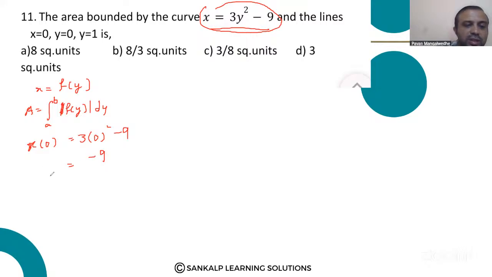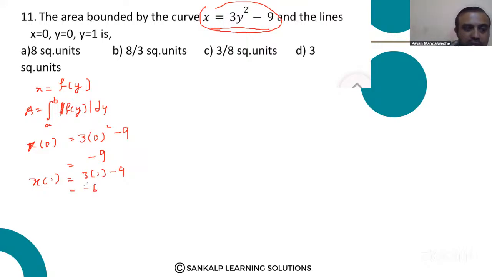So by checking the value of x at y is equal to 1, what will happen? X of 0 is minus 9, x of 1, which means that in the given equation y is equal to 1, we need to substitute. So 3 minus 9 is minus 6.